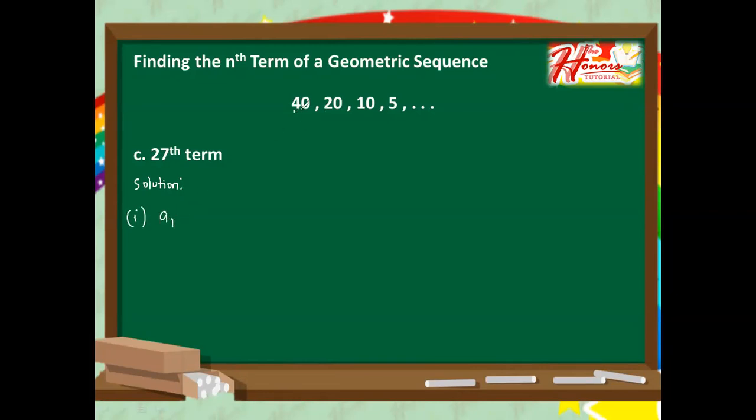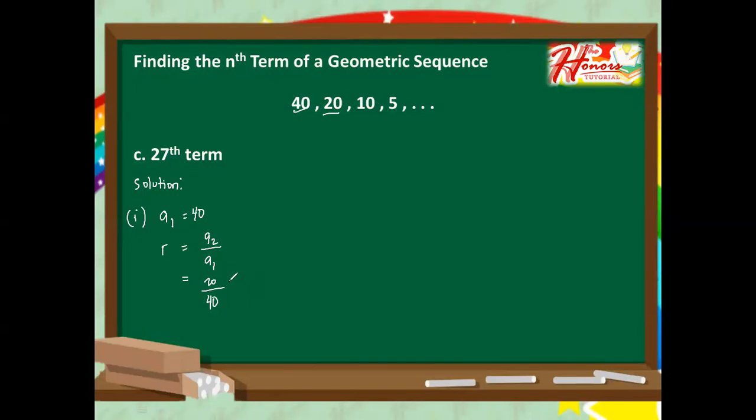A sub 1 is the first term, that's 40. Identify r, the ratio. Ratio is equal to a sub 2 over a sub 1. A sub 2 is the second term, so that's 20. A sub 1 is 40.